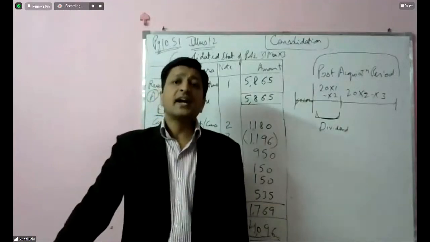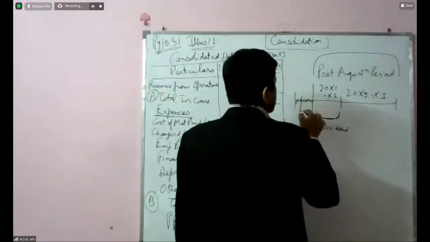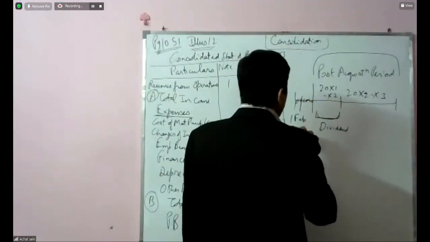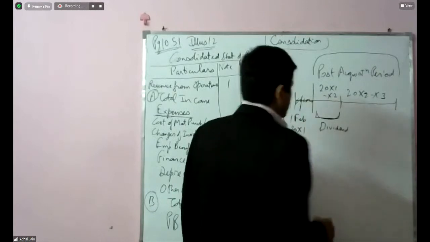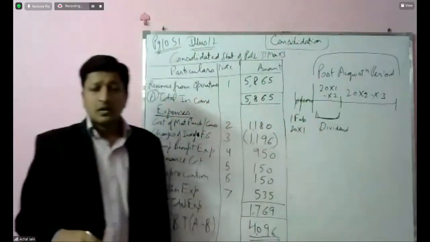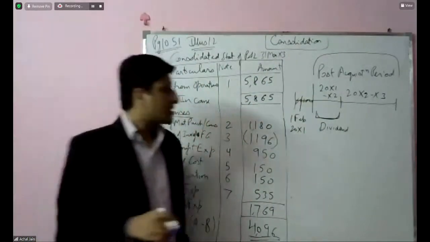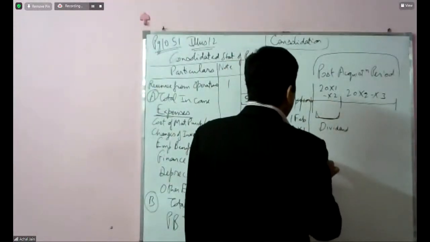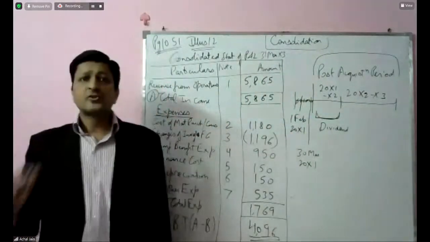See, even if the date of acquisition is given, let's suppose that is 1st of February 20X1, or let's suppose this is, say, 30th March 20X1. Let's suppose these two dates are given.